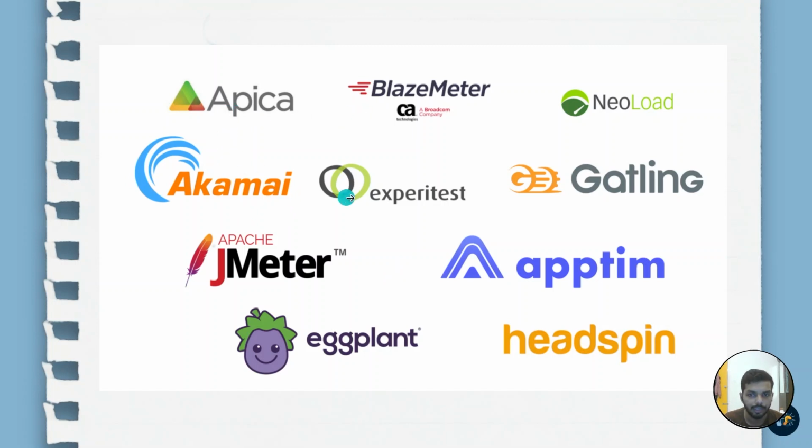These are the popular ones: BlazeMeter, JMeter, Eggplant, and all of those. But out of all of them, Apache JMeter is very well known because it's open source, and there are lots of advantages over other performance testing tools. So let's get to know about JMeter. You can also consider exploring these other tools or applications by yourself.